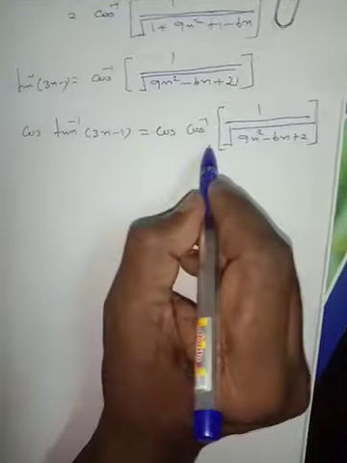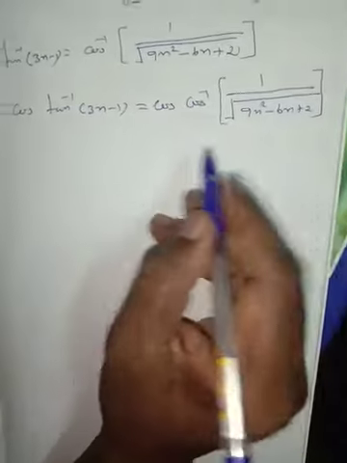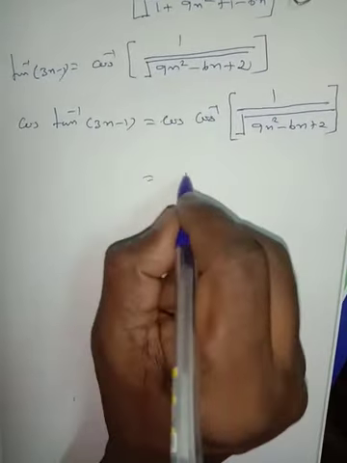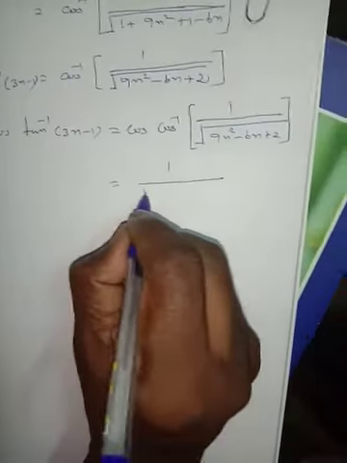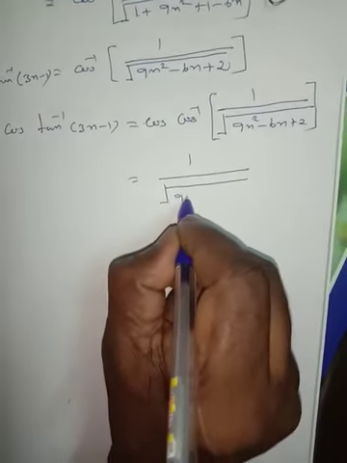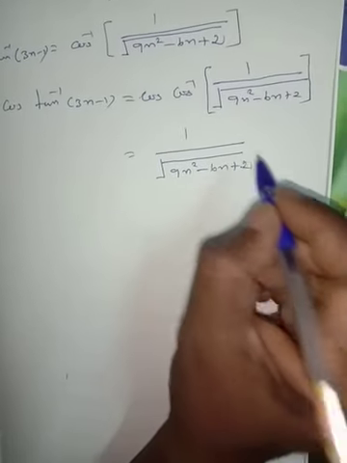Cos of cos inverse for all real x, answer is 1. Therefore 1 divided by square root of 9x square minus 6x plus 2.